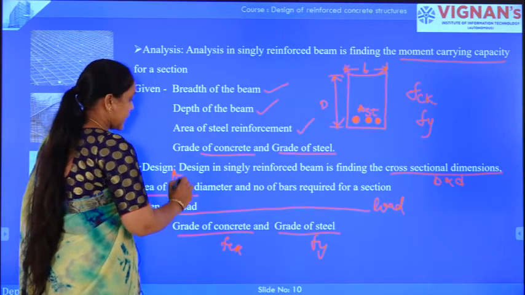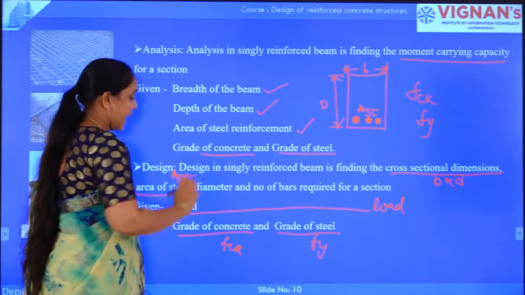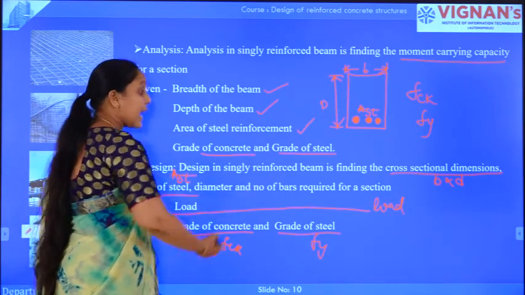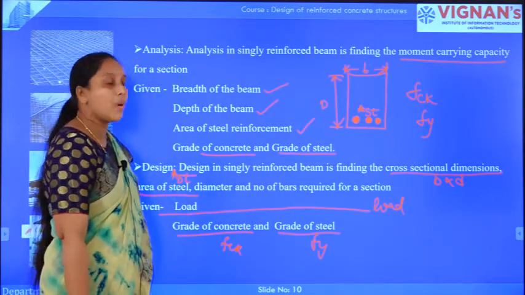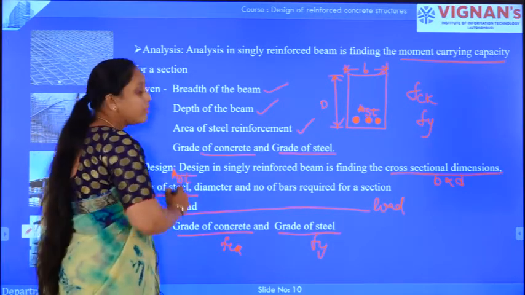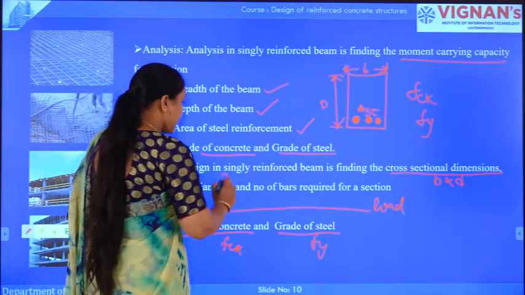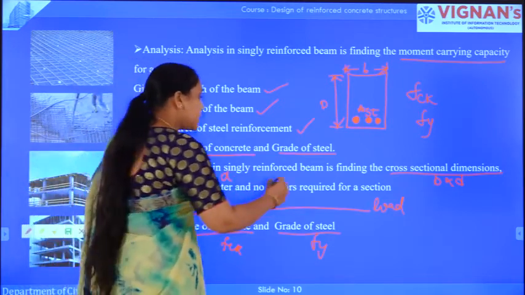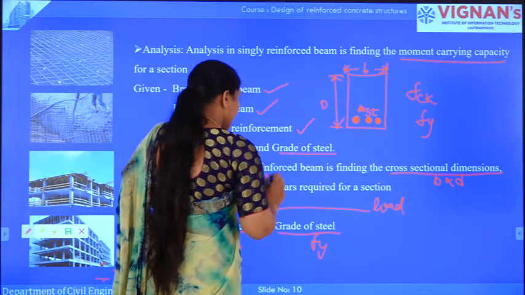You also have to find out the area of the steel, Ast. The diameter and the number of bars required for the section are also to be found from the area of steel. So the diameter is d for the reinforcement bars, and the number of bars is n.